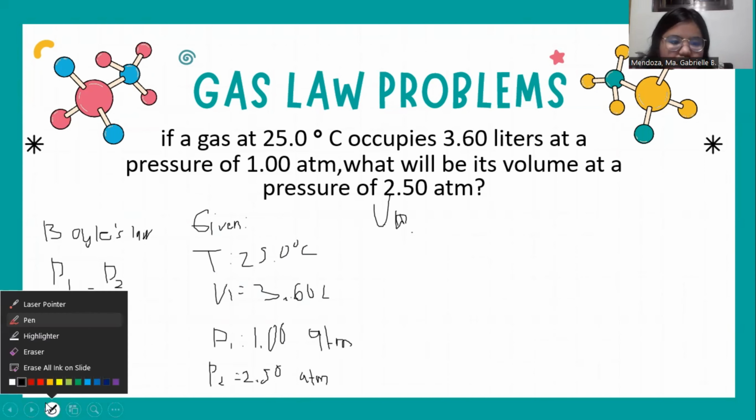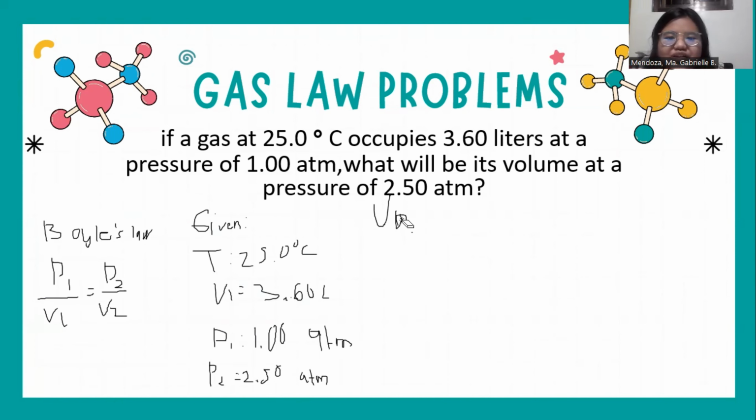Lagay ko na lang U para di na ako masyadong magsusulat. So unknown. So ang unknown natin is yung volume 2. Bakit? Kasi nakalagay dun sa problem, what will be its volume at a pressure of 2.5 atm. So V2, question mark.